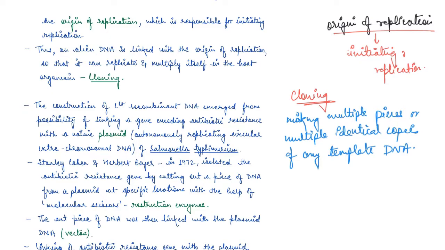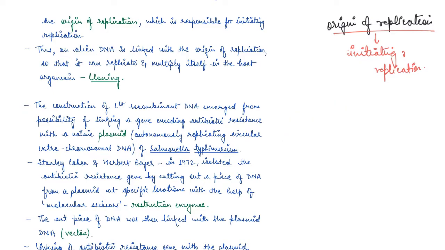So how did it exactly come into the picture? What we thought of was linking a gene which encodes for antibiotic resistance with a local, native plasmid. Now what is a plasmid? Plasmids are autonomously replicating circular extrachromosomal DNA, right?